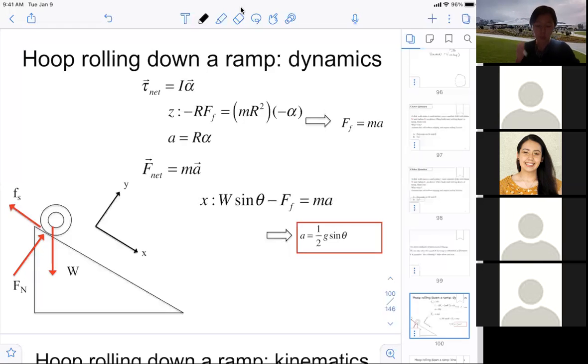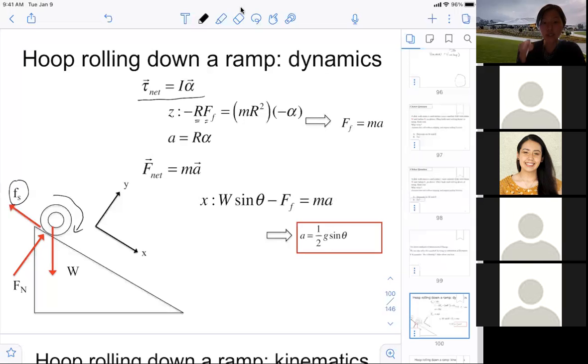We're walking. The static friction has to be pointing up the ramp, because that's the only way the object rolls down. You can see it generates a torque so that the object rotates clockwise, in the direction of going down the ramp. So if we plug into torque equals I alpha, we use R times static friction as the torque.